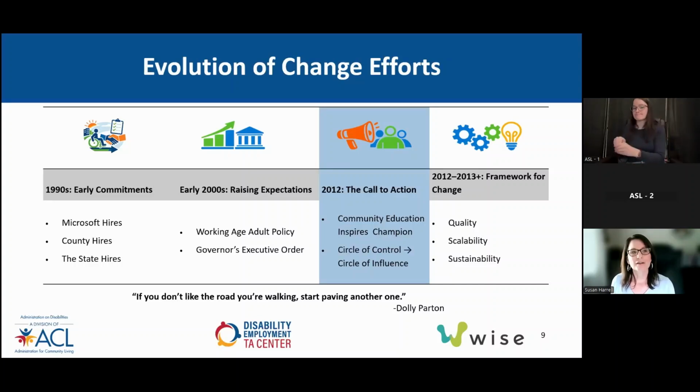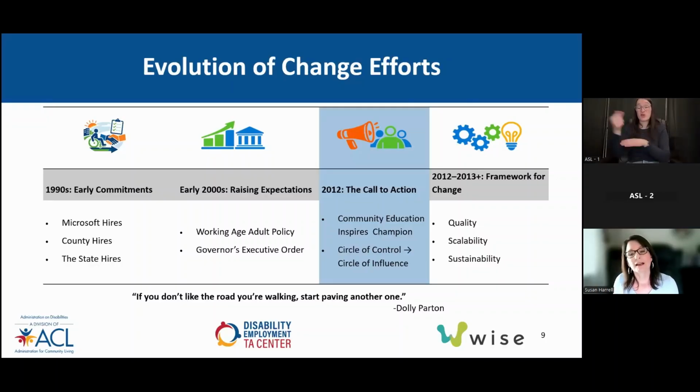And it really called on people to begin to think about their control and influence over hiring for people with disabilities, and really beginning to make that change on the ground and impact that in significant ways in Washington and really around the rest of the country and the world.